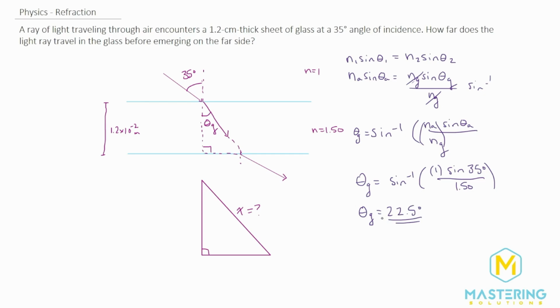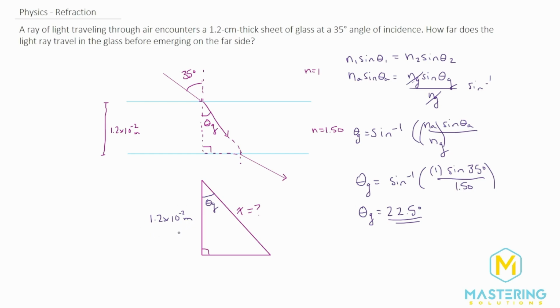That's not what we're trying to solve for, as we talked about a minute ago. We need this distance here. So this angle is the angle we just found, the theta of the glass. And we're told that this distance, the height of the glass, is 1.2 centimeters. You could also move the decimal place over 2 places. I find that's more prone to error, so I like to do it this way.